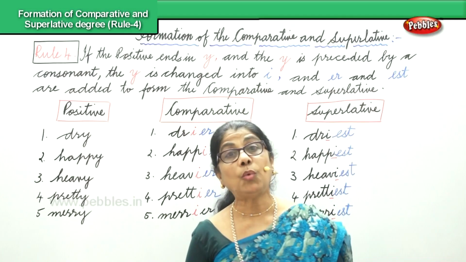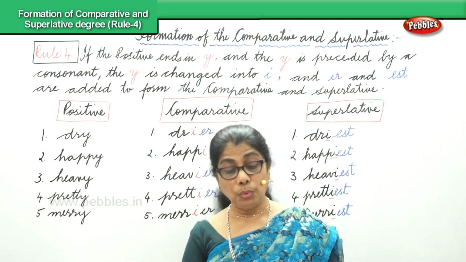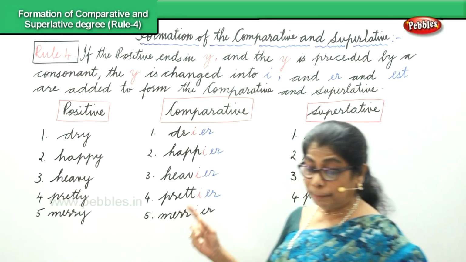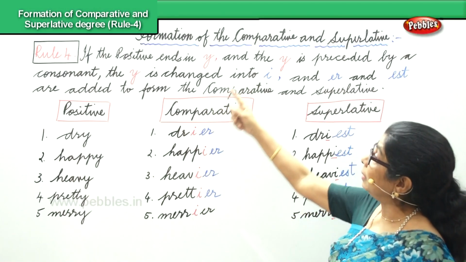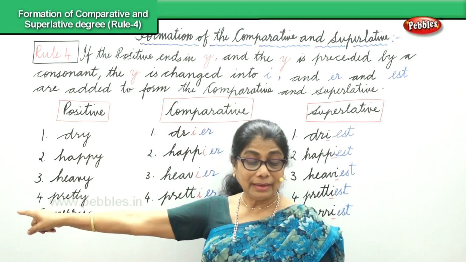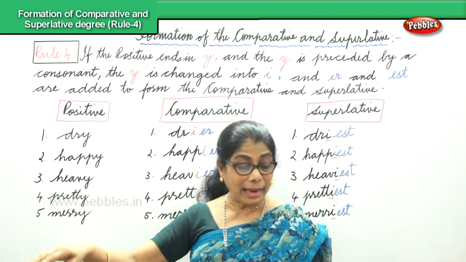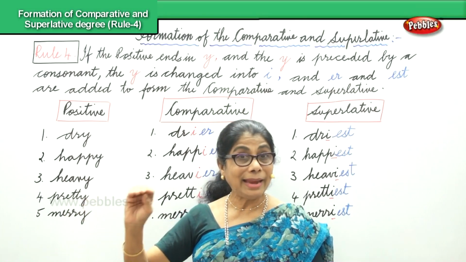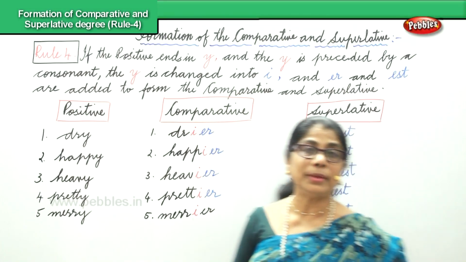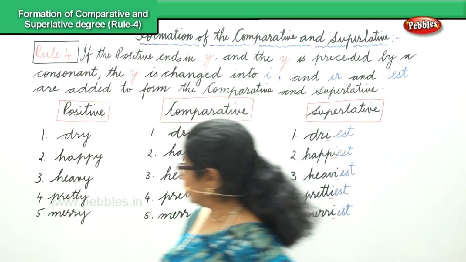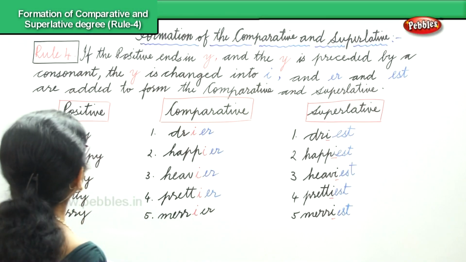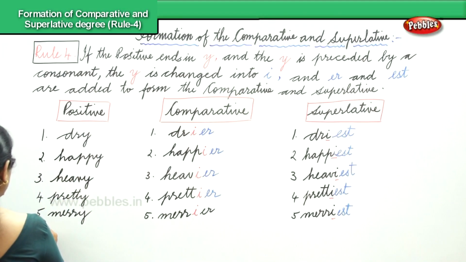But we can also say, if the Y is preceded by a vowel, then what happens? You leave the Y as it is, you add ER to form the comparative and EST to form the superlative. Let's look at that. But we need to note this. Let us note this.